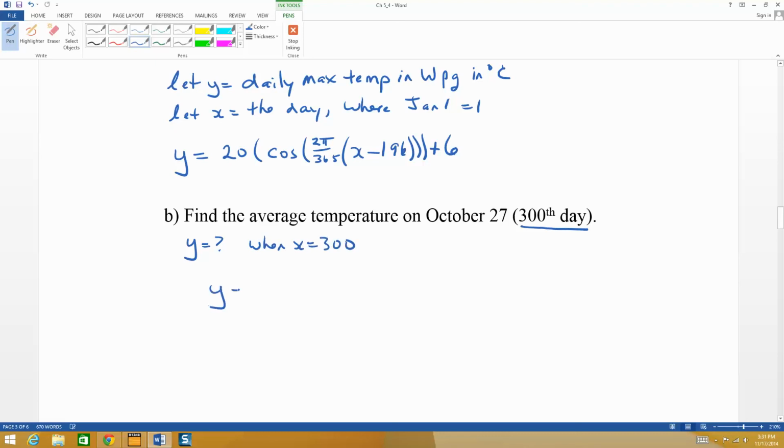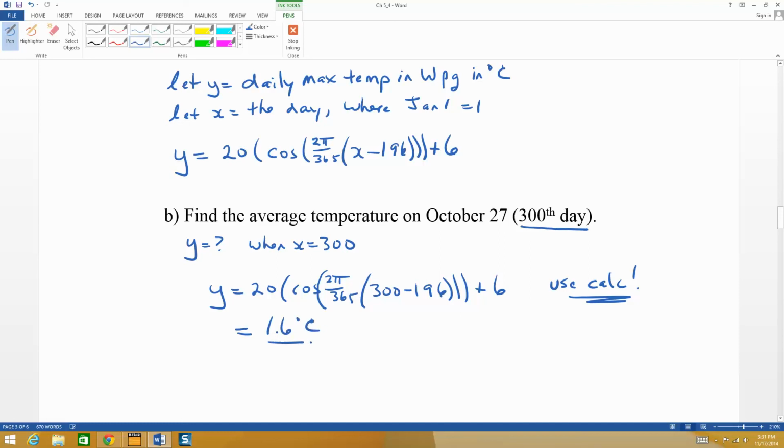So y is equal to 20 times the cos of 2 pi over 365 multiplied by 300 minus 196, 1, 2, 3 brackets, plus 6. If you do all that work, I really recommend you use your calculator. Try it now, because it takes a little bit of work. Remember, you are in radians, and you should get around 1.6 degrees Celsius.